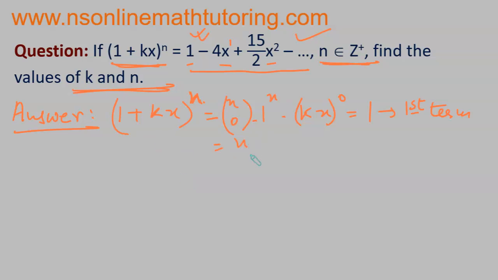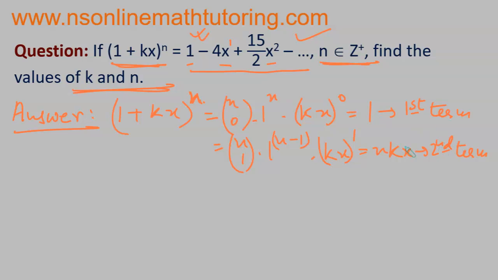Equal to NC1, 1 raised to the power of n minus 1, and kx raised to the power of 1, equal to NC1 is n, and 1 raised to any power is 1, and this is kx. So this is nkx. This is our second term. Okay.